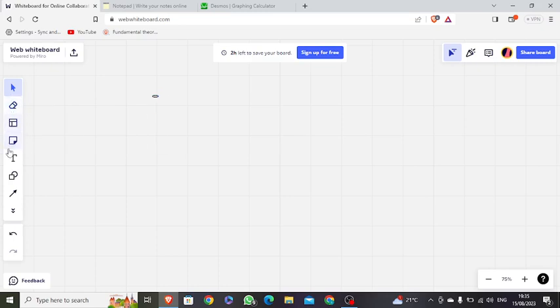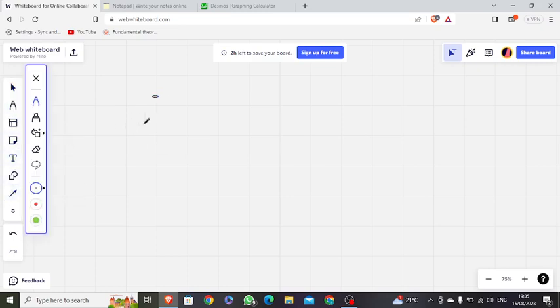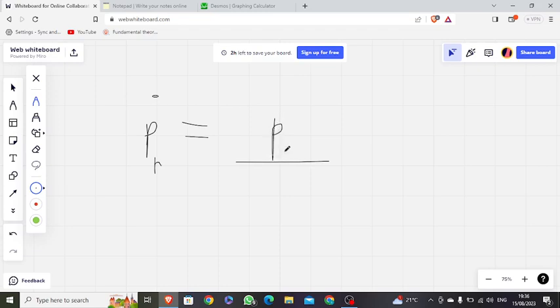Sorry about that. Let's say the remainder particles, just to be more accurate, equals the initial amount over 2 to the power t over h.